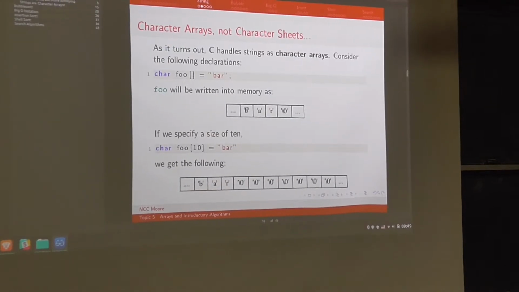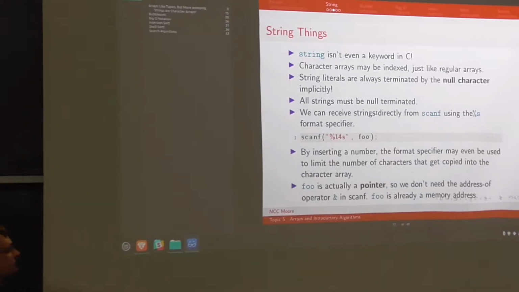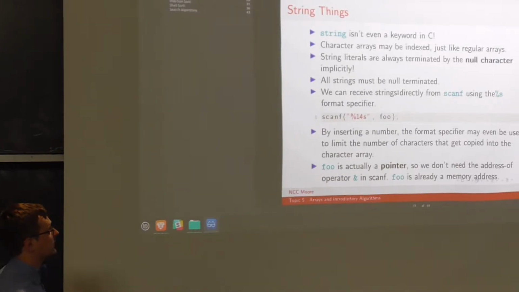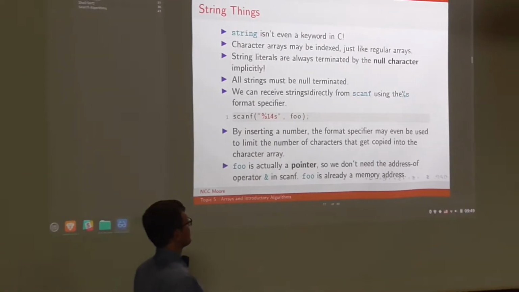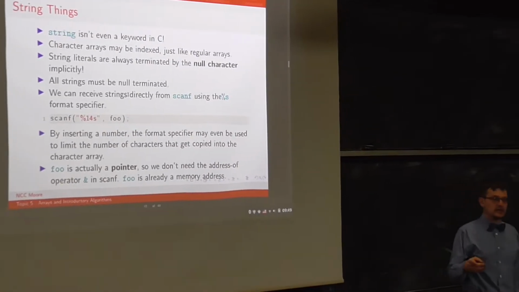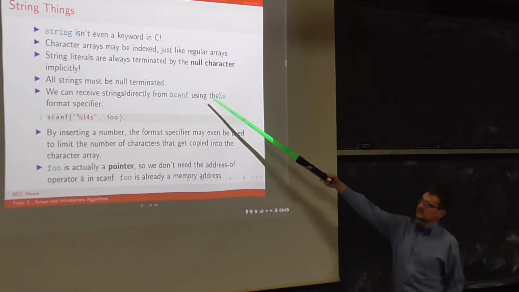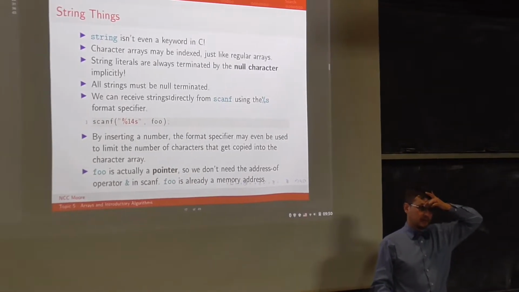Good. So, string isn't even a keyword in C. Character arrays may be indexed, just like regular arrays. String literals are always, always, always terminated by a null character. This is implicit. All strings must be null terminated, and that's very important.